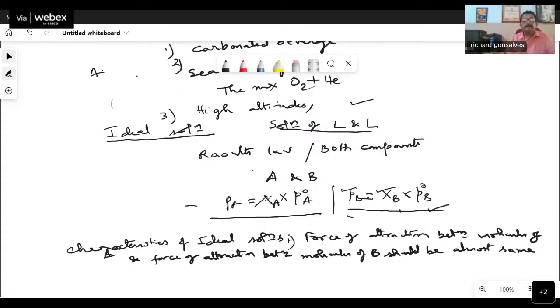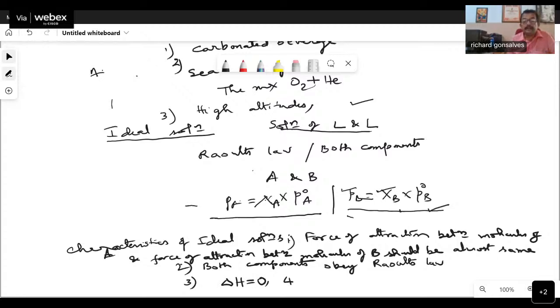That is one condition. Second condition is both components obey Raoult's law. Third condition is if I mix the two components, there is no change in enthalpy. No heating, no cooling takes place.